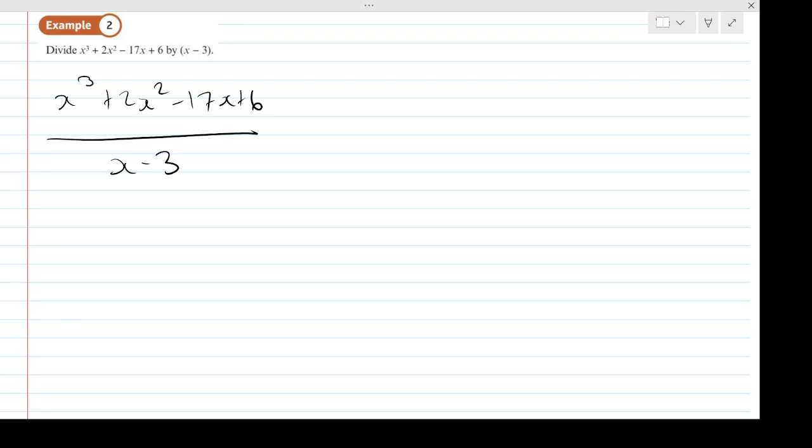If we use a bus stop, outside of it is this divisor x minus 3, and then inside the bus stop we have the thing we're interested in, x cubed plus 2x squared minus 17x plus 6.